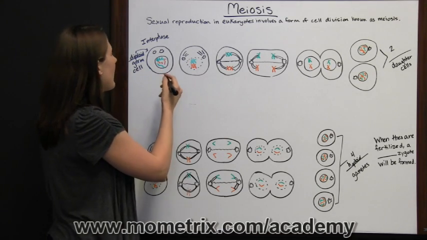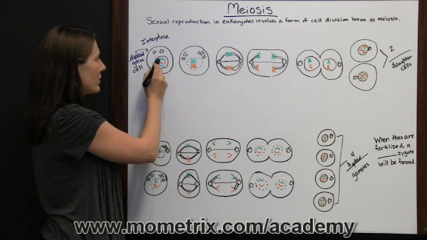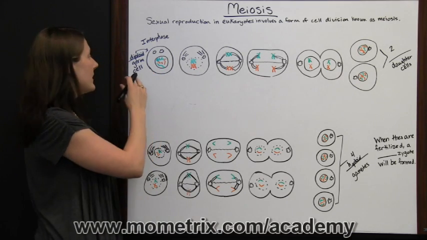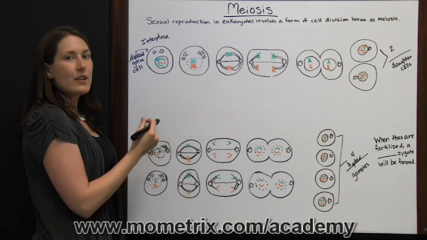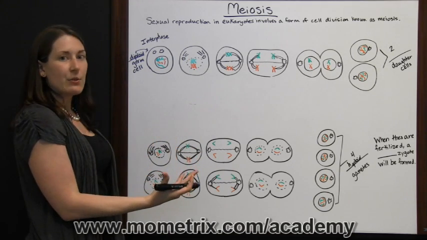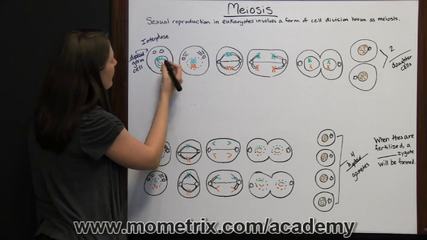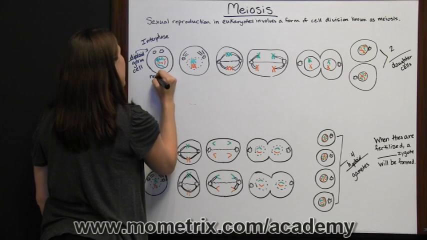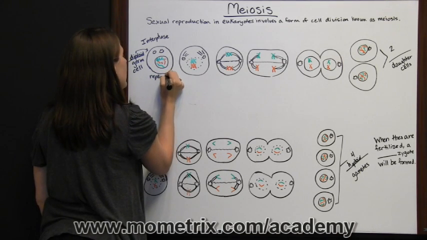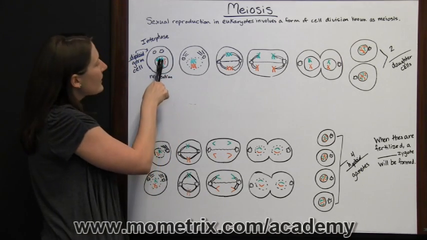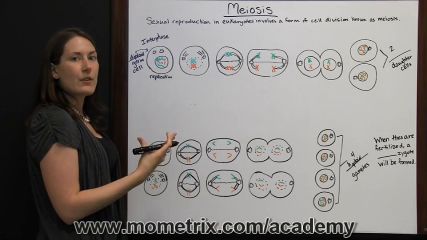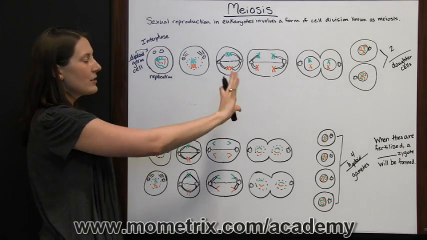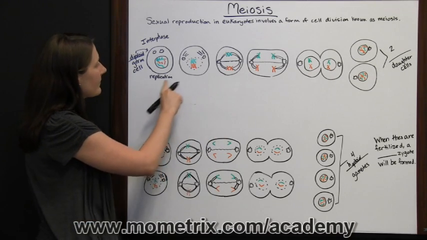So you've got female and male genetic material in this one diploid germ cell, and it's getting ready to divide to carry out sexual reproduction. So we have replication going on in here because each chromosome is going to double itself so that there's extra genetic material to carry out this process.